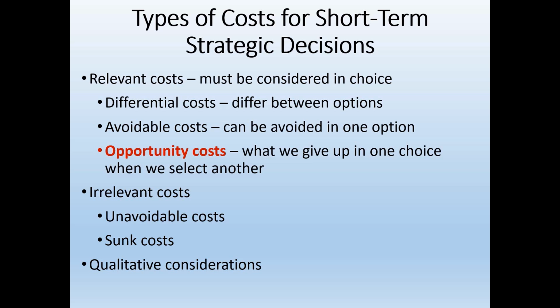Another kind of relevant cost is opportunity costs. That is, what we give up in option A because we selected option B. For example, you're in a restaurant and you're trying to decide whether you want to have the chicken or the pasta for dinner.